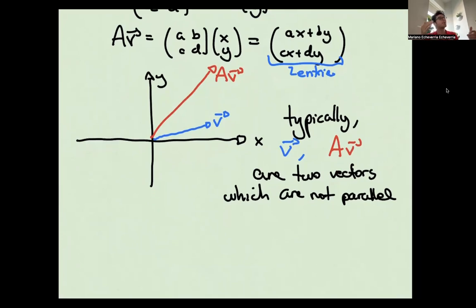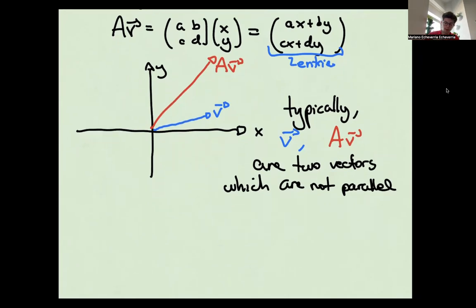But it may happen by chance that for certain vectors, V and AV coincide, or not necessarily coincide, but happen to be multiples of one another. It could occur, and I'm about to give you some examples so that you have a better idea of what I mean.